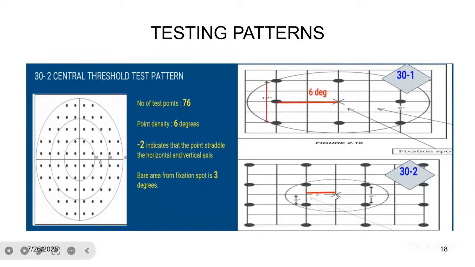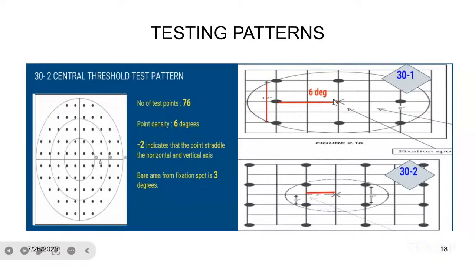So, for example, if we do a 30-2, you can see where our fixation point is. And this central area is very critical when testing for visual field. So what you intend to do is to reduce the bare area also, apart from the points and being on the fixation line. You want to also reduce this bare area.